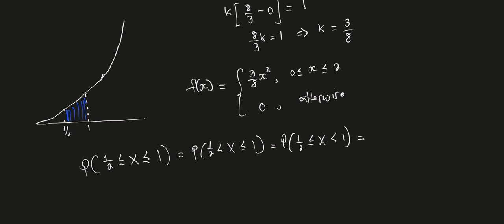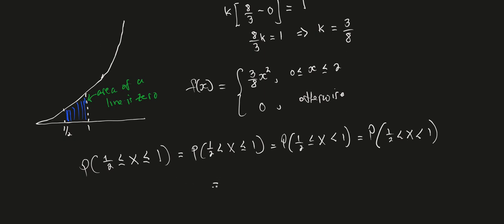It doesn't affect the area in blue. So all the things that we had to be so careful of in the discrete case, do we go down? Do we not go down? What's included, what's not? Well, because the area of a line is 0, it doesn't contribute anything to the area. So whether I include both or only one or neither of them, my calculation is still the same.